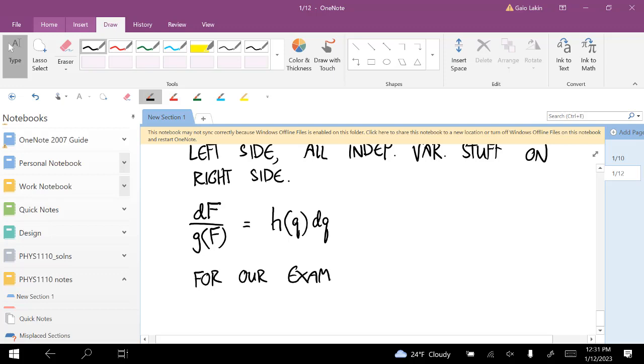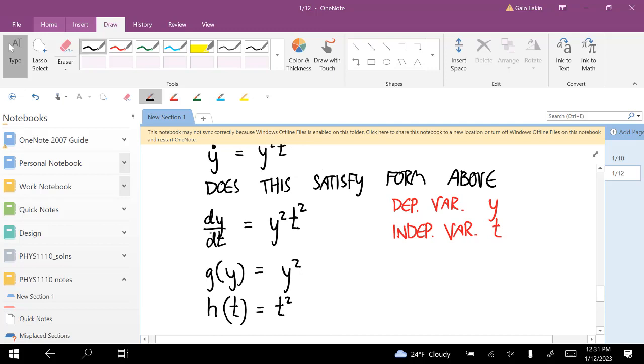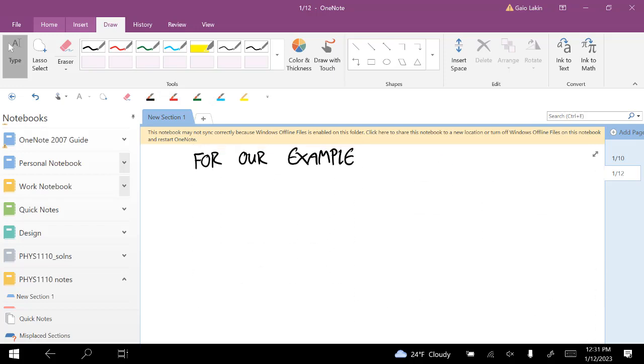So for our example, how does that work? This is our example, dy dt is equal to y squared t squared. We're going to get all the y stuff on the left side. So we have dy over y squared on the left. And on the right side, we have t squared dt.